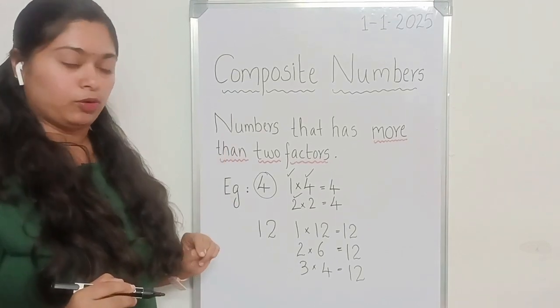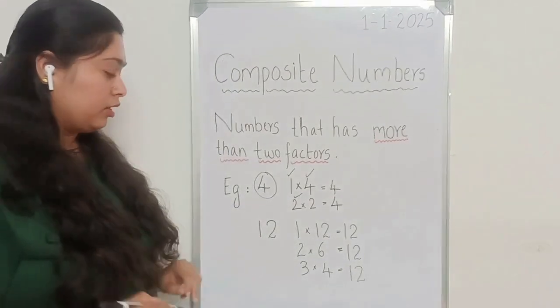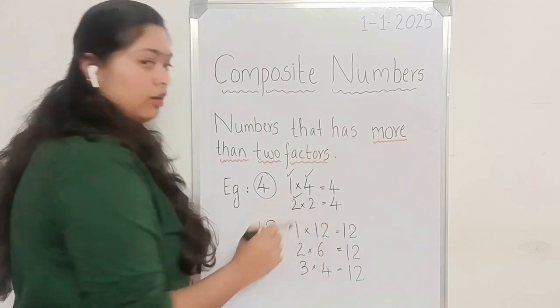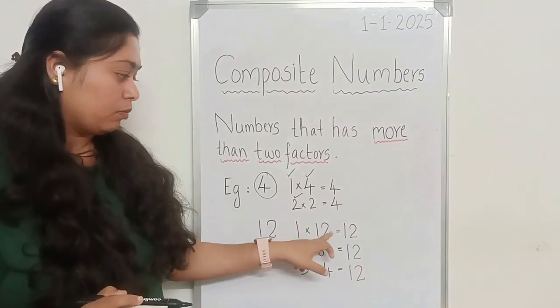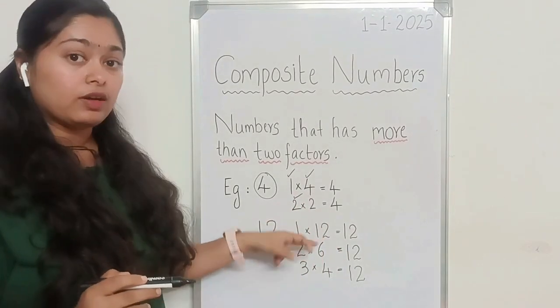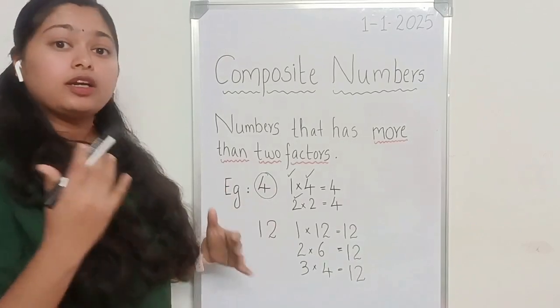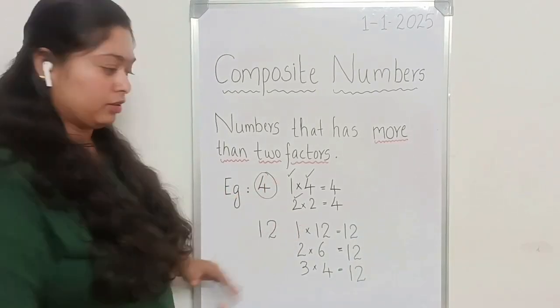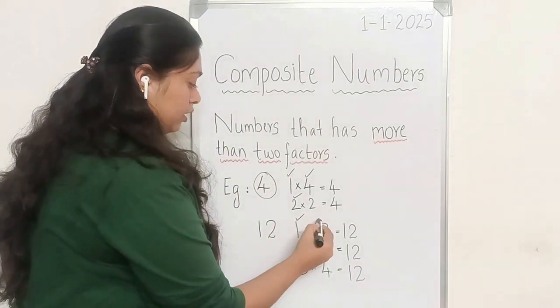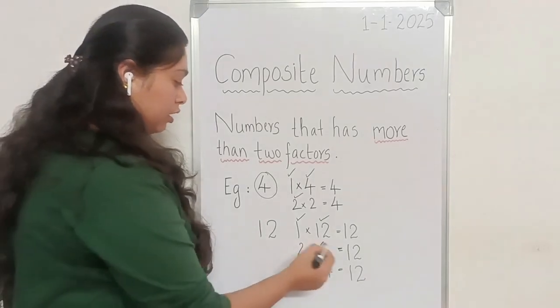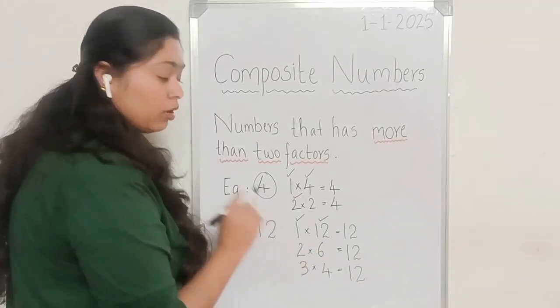Let's look into one more example. 12. 1 multiplied by 12 is 12, which means both 1 and 12 are factors of 12. I can divide 12 with 1 also. I can divide 12 with 12 also without a remainder. So, yes, 1 and 12 are factors of 12. And with the same logic, I can divide 12 with a 2 without a remainder.